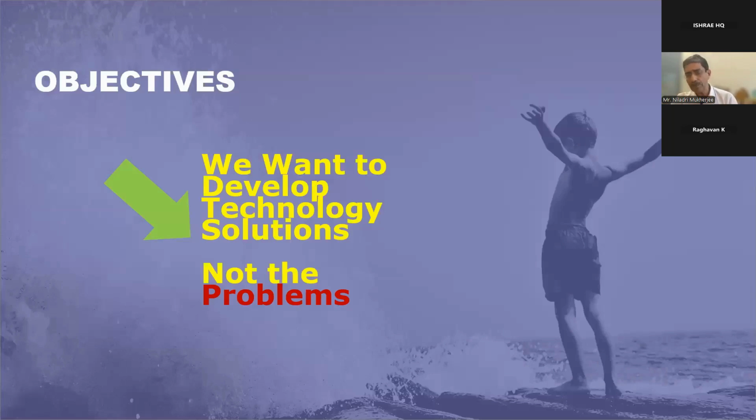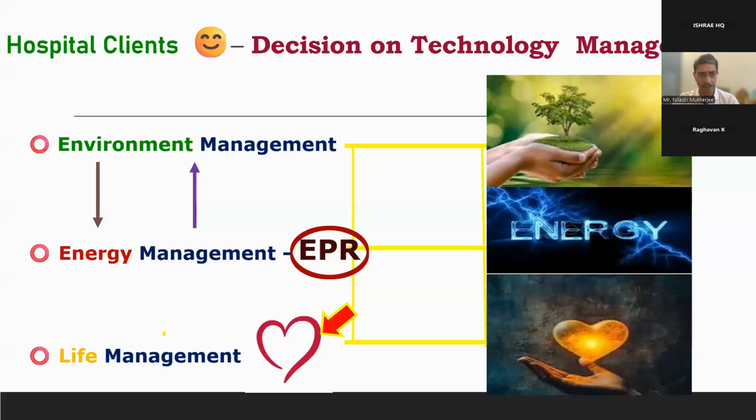So when we proceed, we'll find a lot of problem areas, but our objective is not to discuss the problem. We'll find the engineering solutions so that the hospital project is successful. Now, this is very essential. I mentioned EPR, or somebody says EPI, energy performance ratio. This is basically the total kilowatt-hours of a building divided by the built-up area.